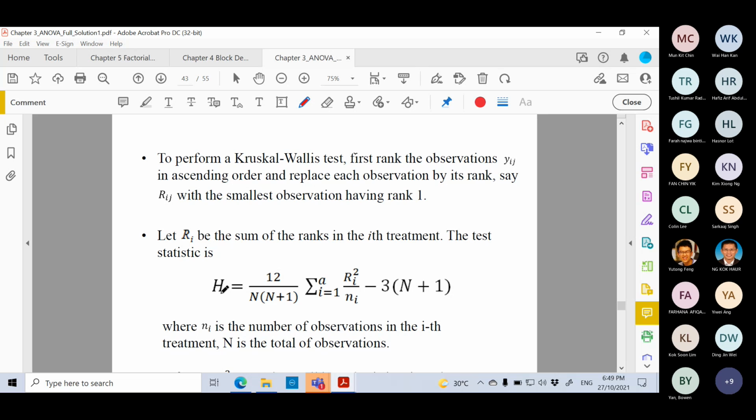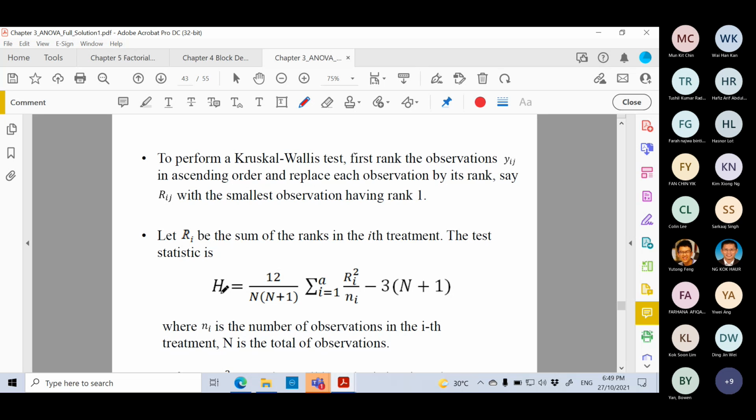So does the Kruskal-Wallis test consider the other two assumptions? Okay, the other two assumptions: independence, because when you run your experiment, you already maintain that you randomize the data. So the independence can normally be achieved.